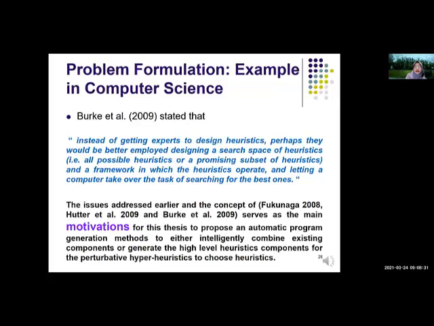So the issues addressed earlier and the concepts of Fukunaga 2008, Hutter 2009 and Burke 2009 serve as the main motivation for this thesis to propose an automatic program generation method to either intelligently combine existing components or generate the high-level heuristic components for the perturbative hyperheuristic to choose heuristics. So look at the keyword motivation.